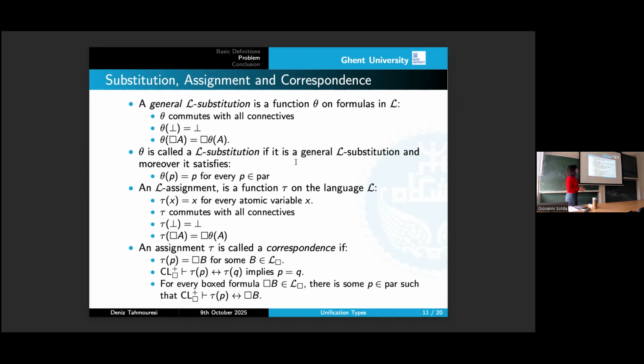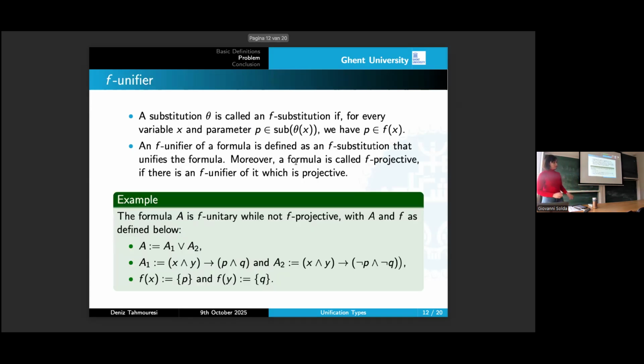And from now on, when we refer to tau in the following slides, most of the time we have the correspondence tau in mind. So these properties hold unless we declare otherwise.